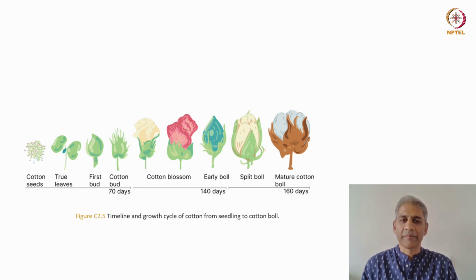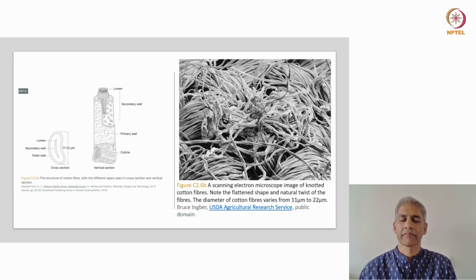And here is a timeline of cotton right from the seed to getting a mature cotton boll. So it takes about 5.5 months, and all the various stages are shown. And finally, let's look at the part of the plant which is most important to us, which is the cotton fiber.